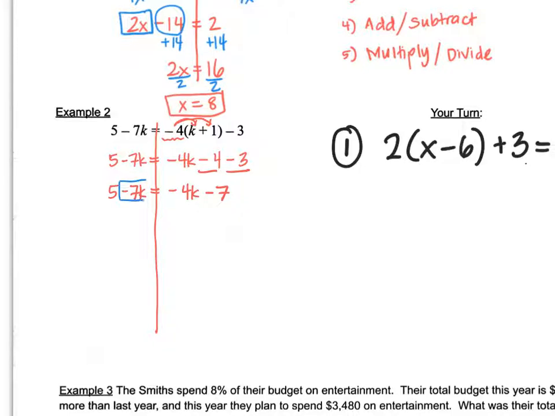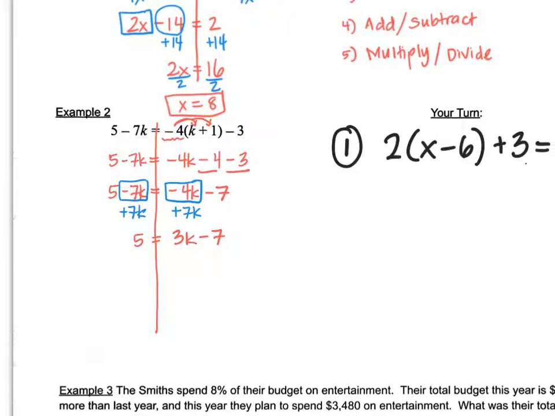I have a -7k, -4k. This one is smaller, the -7k because it's negative. So I'm going to add 7k to both sides. That's a 0. I have just the 5. The -4k plus 7k gives me 3k minus 7.